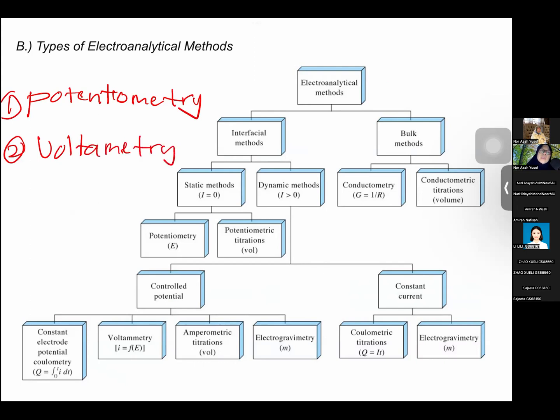As I mentioned, I'm not going to discuss the techniques in detail, just enough for you to understand the basics, so that when we discuss biosensors or chemical sensors, you know these are the available techniques that you can use. So I'll be focusing on voltammetry.